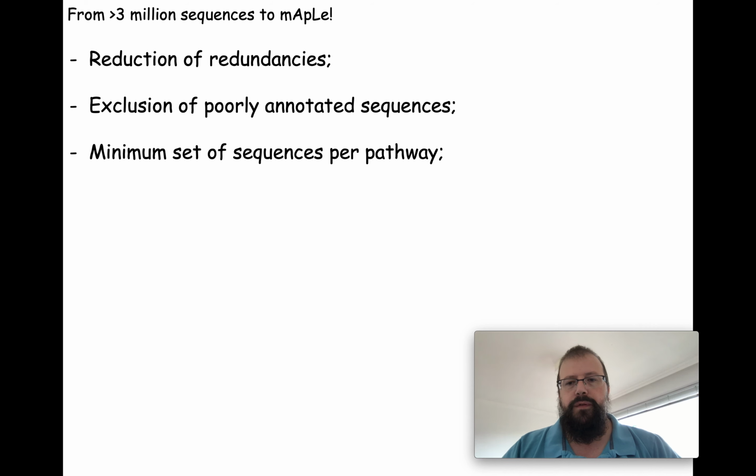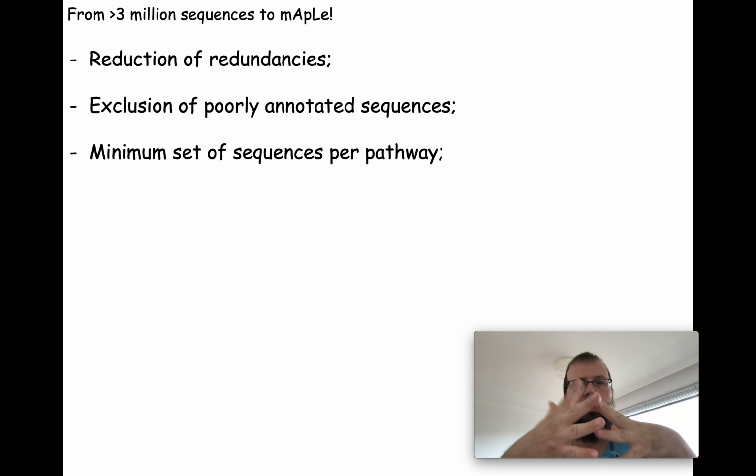Just a general view of how we developed mApLe. The first thing that we did was collect sequences from the UniProt database from different plant species. And then we reduced the redundancy of sequences.